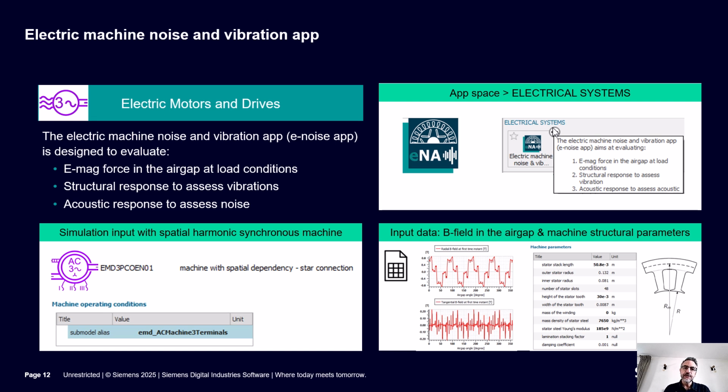Typically in the early design stage, we don't have much details about the construction. Maybe we have the type of motor, we have a first idea of the geometry, the number of poles, and the basic design of the electric machine. This will allow us to predict the electromagnetic loads, or the B fields, in the air gaps.